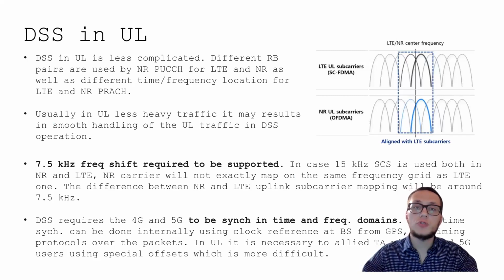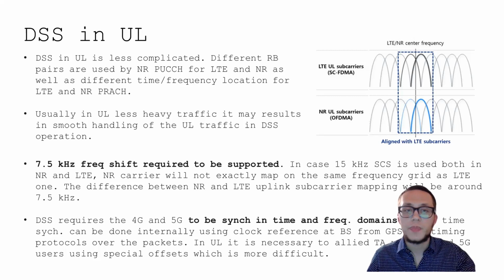And just a few notes about DSS in uplink. DSS in uplink is usually less complicated because we should not care too much about collisions between different 5G and 4G signals. They are already allocated in different time and frequency positions.